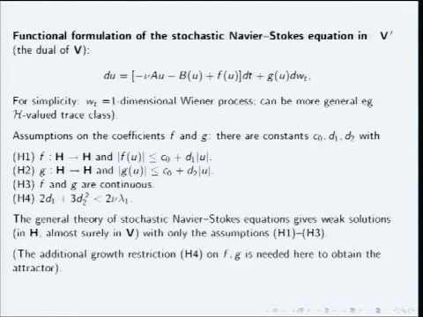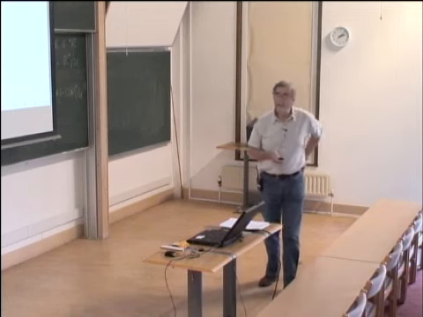So by now, classical theory of stochastic Navier-Stokes equations gives a weak solution to this equation, even without the final condition H4, but we need H4 for our purposes today. So very conventional, very classical.